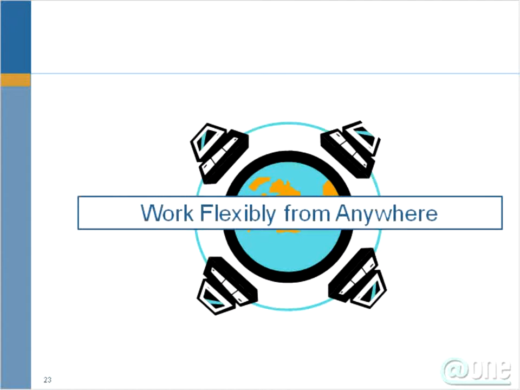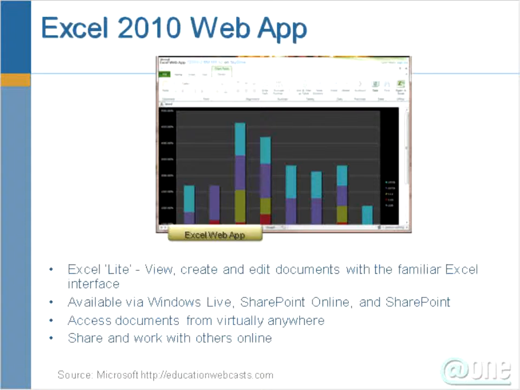And remember when I said that we can work from almost anywhere? Well, that is web apps, what I like to call Excel Lite. That is not the term Microsoft uses. That's not the term anybody uses, except I use it.